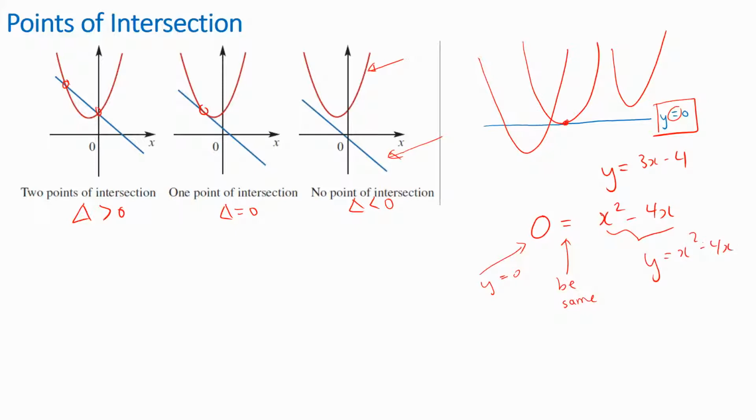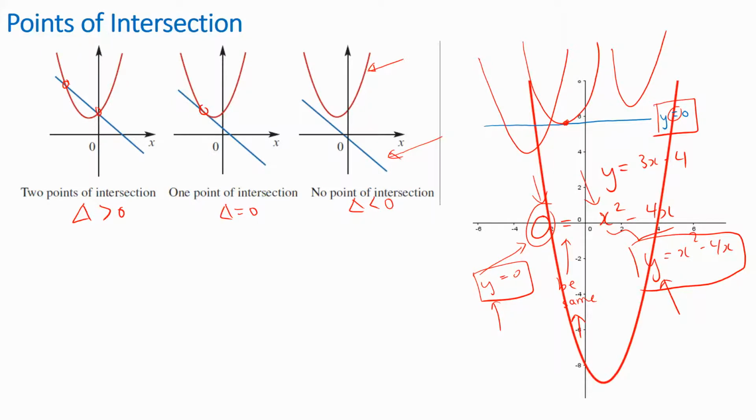You've got two different graphs, and you just want to know when they both cross, because when they both cross, they both have the same coordinates. In this case, it will be the y coordinate. You're saying this y coordinate is equivalent to that y coordinate.